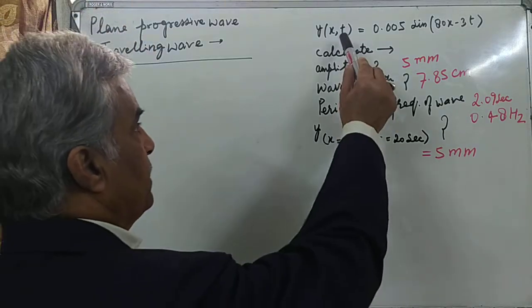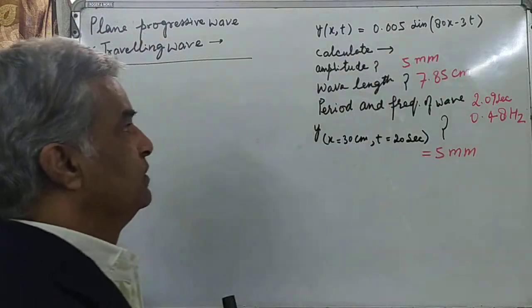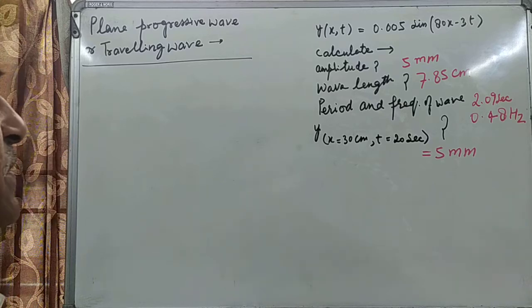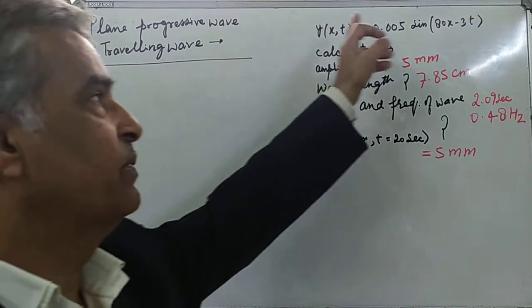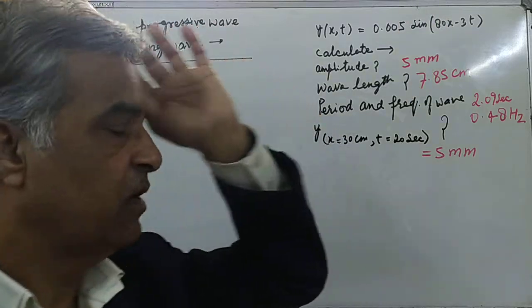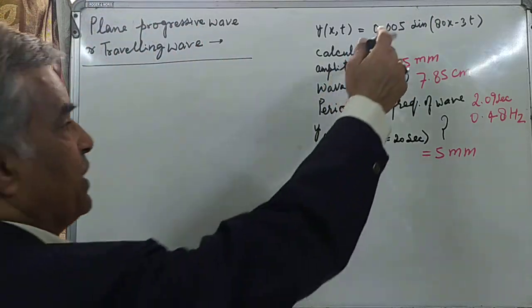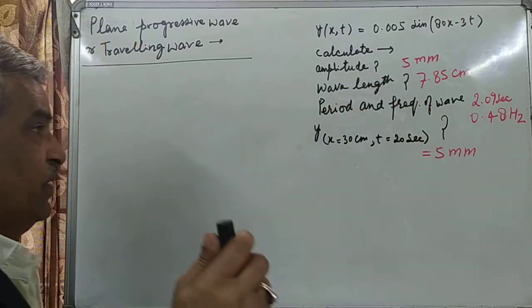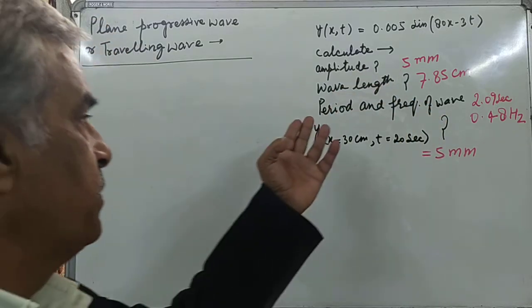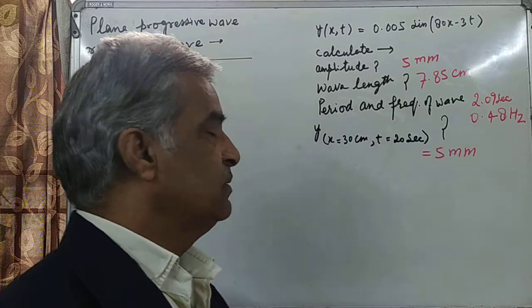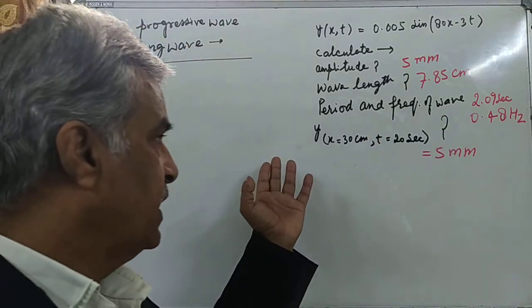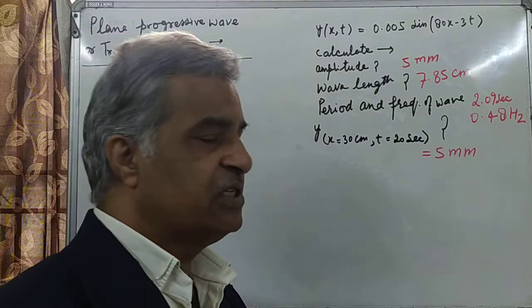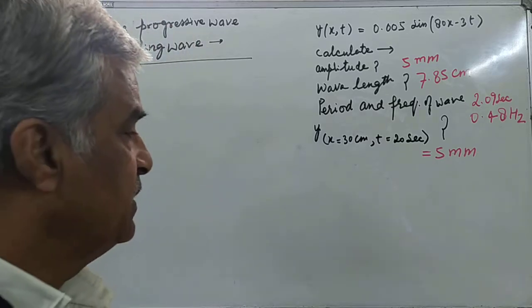This is an equation of plane progressive waves, or you can say a traveling wave. Out of this equation you have to find the amplitude, wavelength, time period and frequency of the wave, and the displacement of the particle.